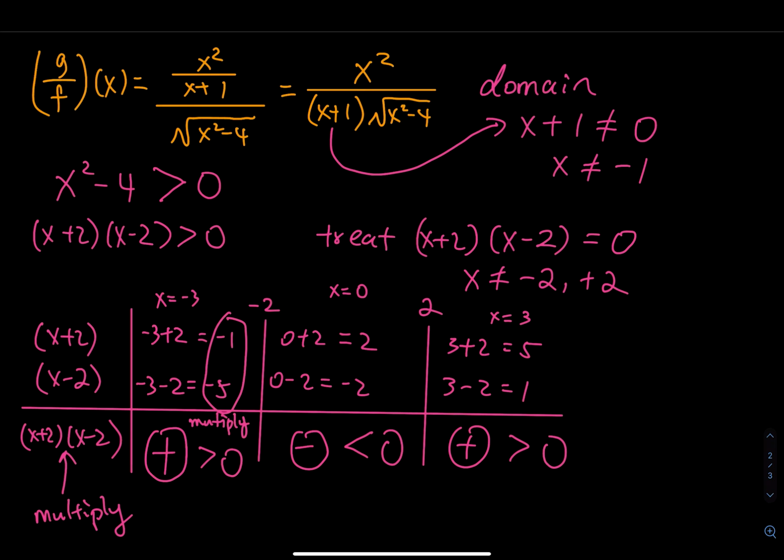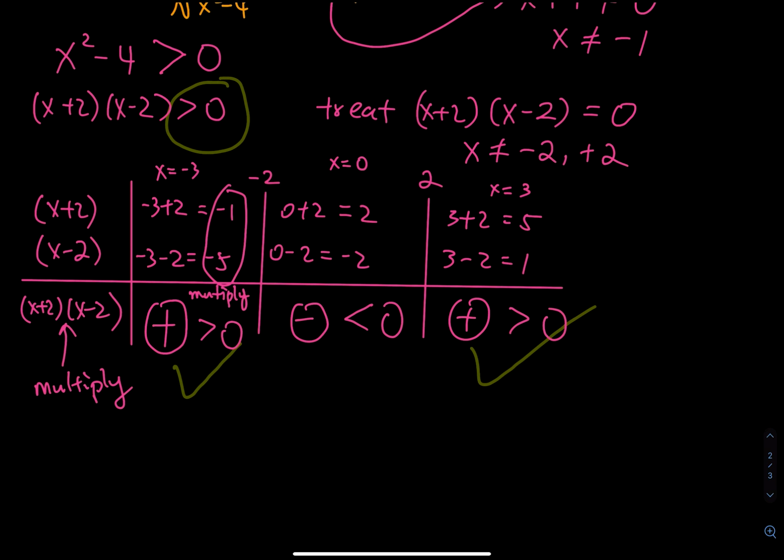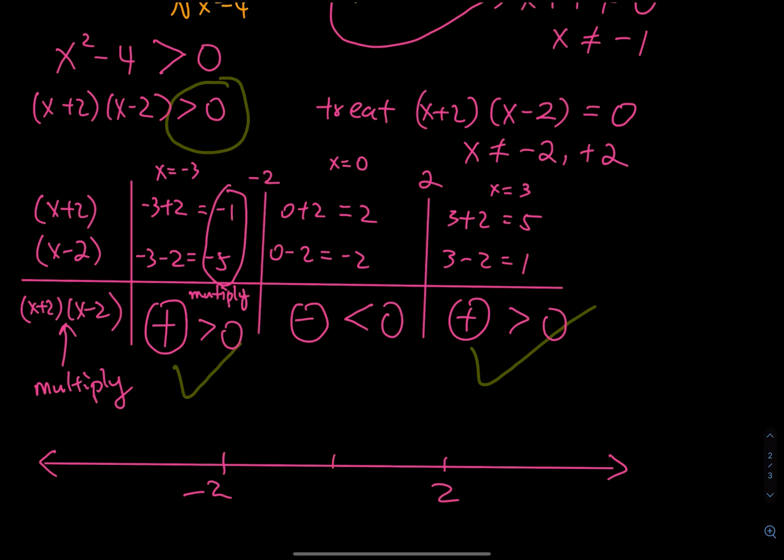What are we looking for? We are looking for greater than 0. So that means we are taking this, and then we are taking this. So now let's sum everything into one interval. -2, positive 2, we have a -1.